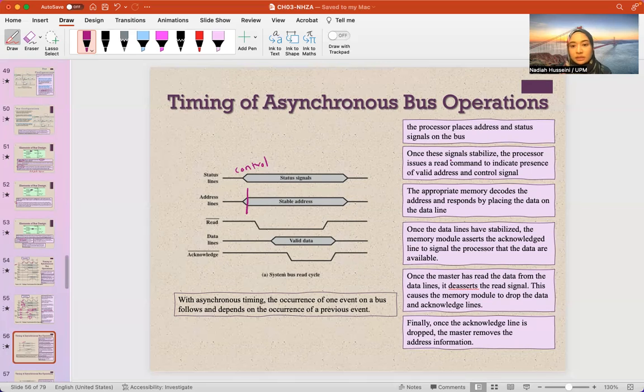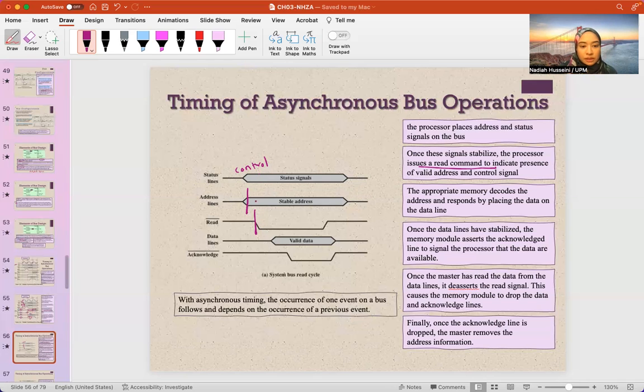Once these signals stabilize, the processor issues a read command to indicate the presence of a valid address and control signal. So the processor issues a read command over here. Instead of going up, it's going down. Doesn't really matter. It's just a trigger.